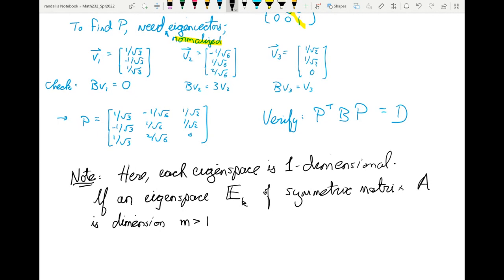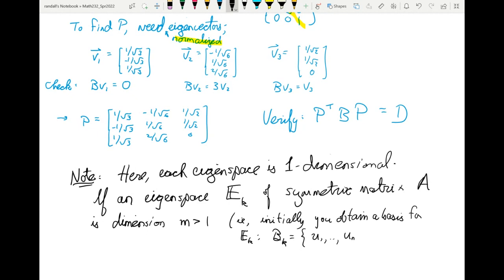So in other words, when you solve initially, you obtain a basis for E_k. Like my notation above, B_k would be u1 up to um, via the solution.